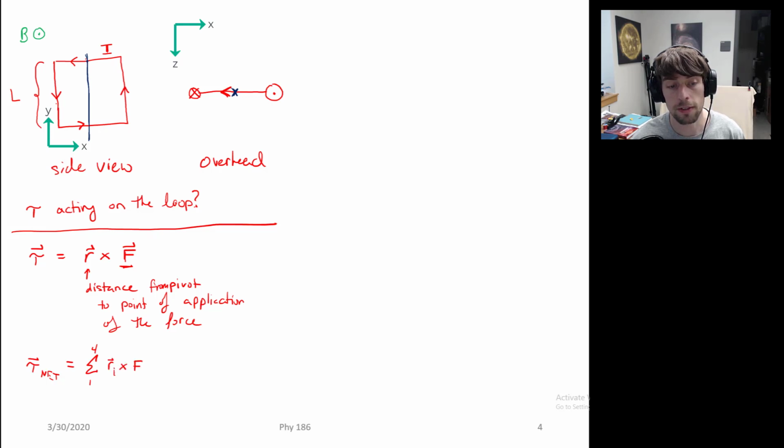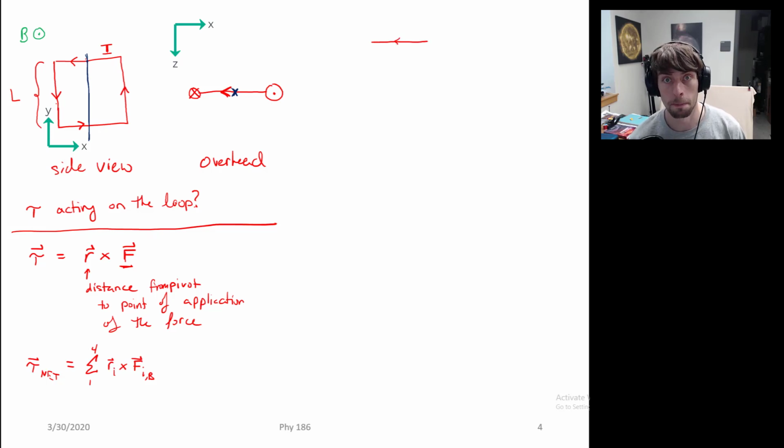They're going to have different forces acting on them, so let's get an idea about the force acting on each of these 4 pieces of wire.